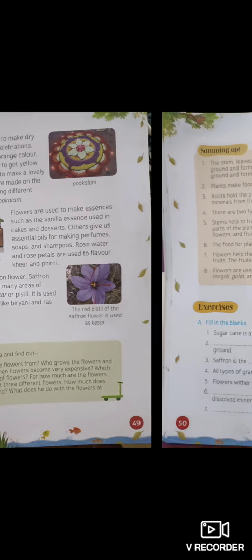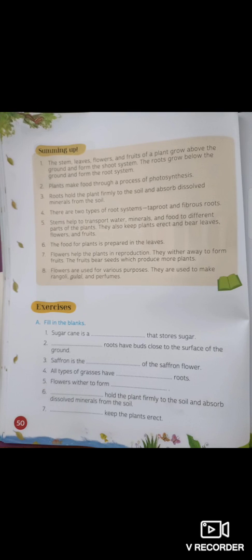All right, so we've come to the end of the lesson. Let's try to remember what we have learned. The stem, leaves, flowers, and fruits of a plant grow above the ground and form the shoot system. The roots grow below the ground and form the root system. Plants make food through the process of photosynthesis.